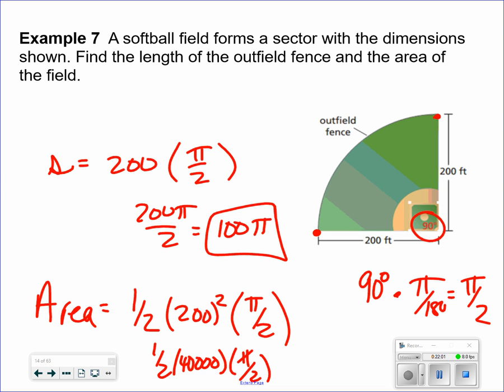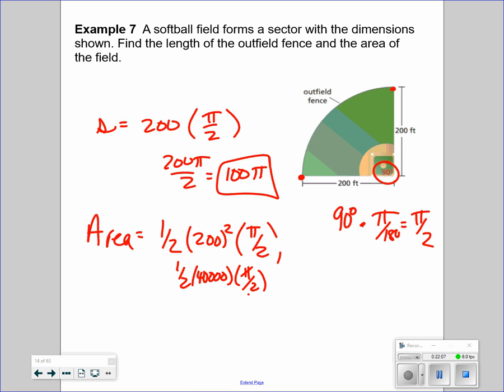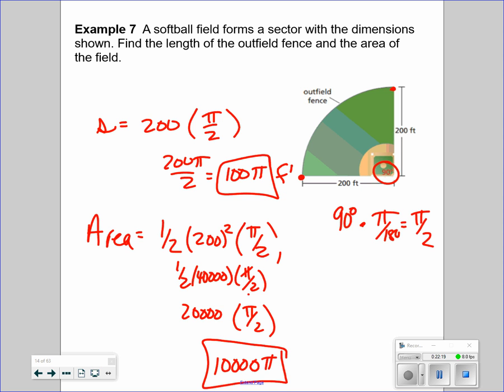So we're talking about 20,000. Running out of space here. Give me a second. See if I can move this down a little bit. 20,000 times pi over 2, which is 10,000 pi. Now this is in feet, if I remember right. So yes, this should have been labeled 100 pi feet, and this would be feet squared then, because it's an area.